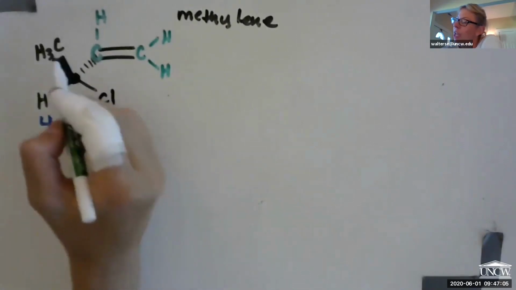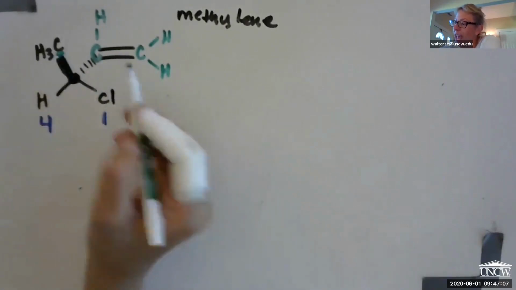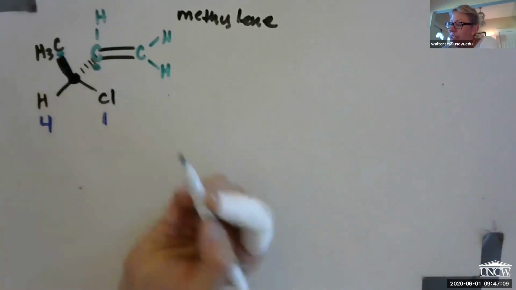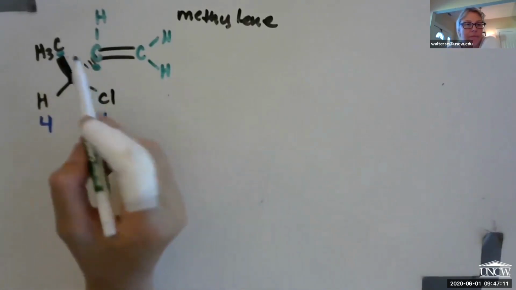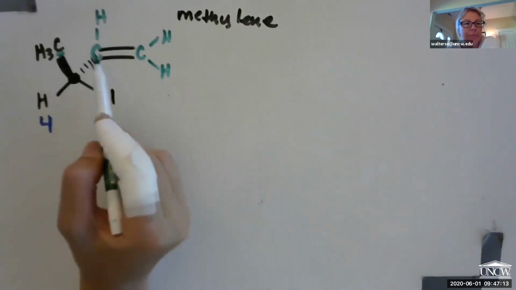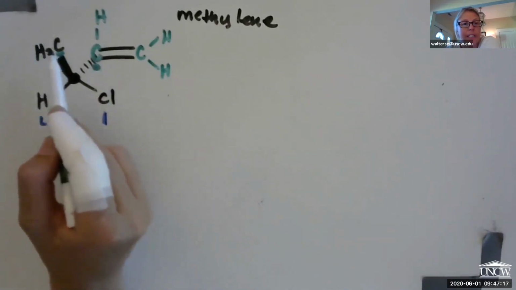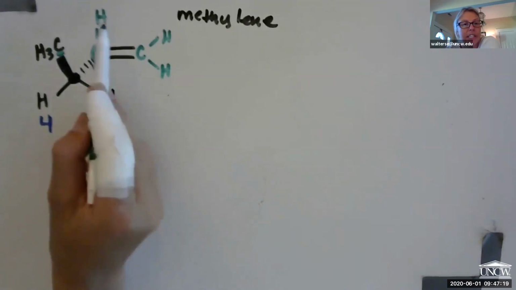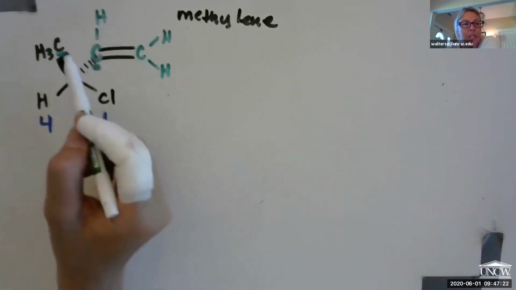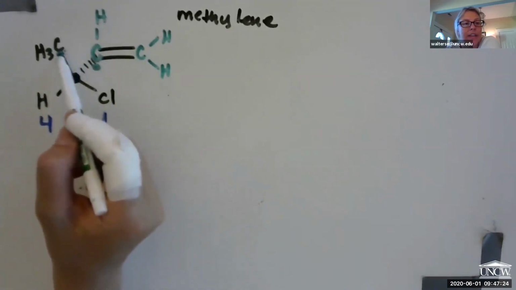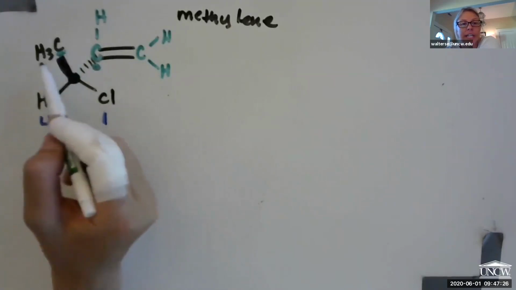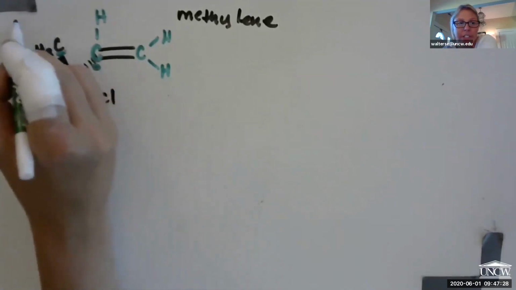Okay. This carbon here has to be distinguished from this carbon here. Both of those are atomic number 6, so we have to use the groups that are bonded to these carbon atoms. So this carbon on the dash is bonded to 3 hydrogens.